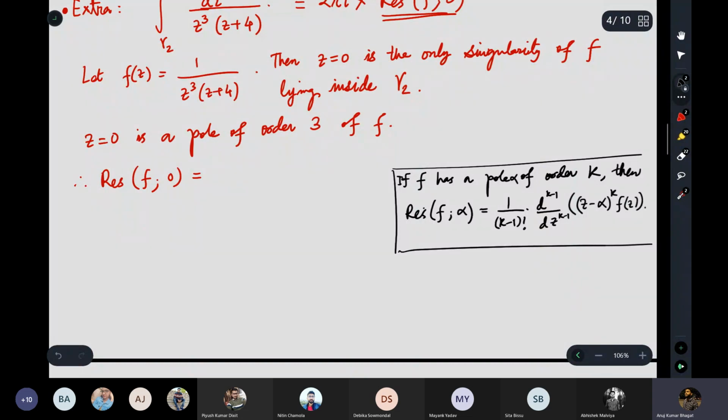So this is the rule basically. This is the formula which sir has derived in the class.